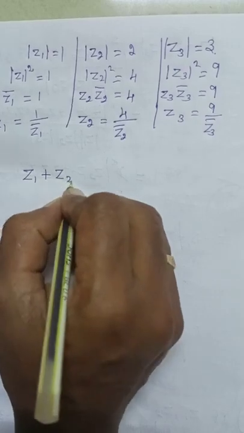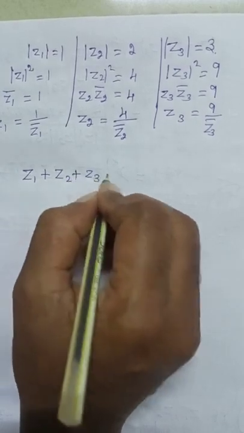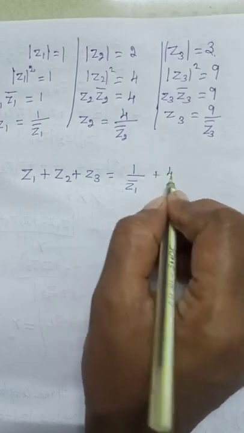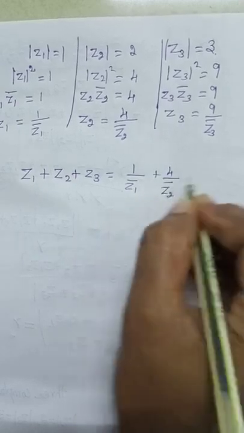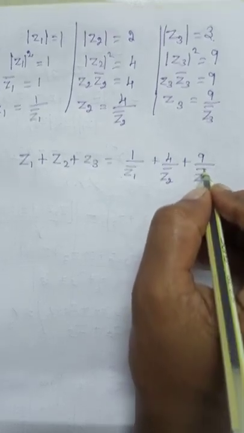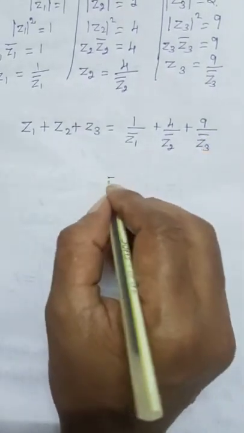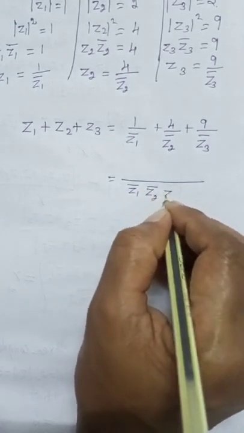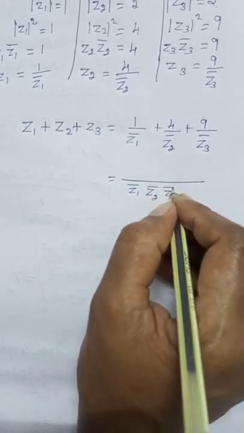What is Z1 plus Z2 plus Z3? We may get 1 by Z1 bar plus 4 by Z2 bar plus 9 by Z3 bar. Shall we take the LCM? When we take LCM, Z1 bar into Z2 bar into Z3 bar.